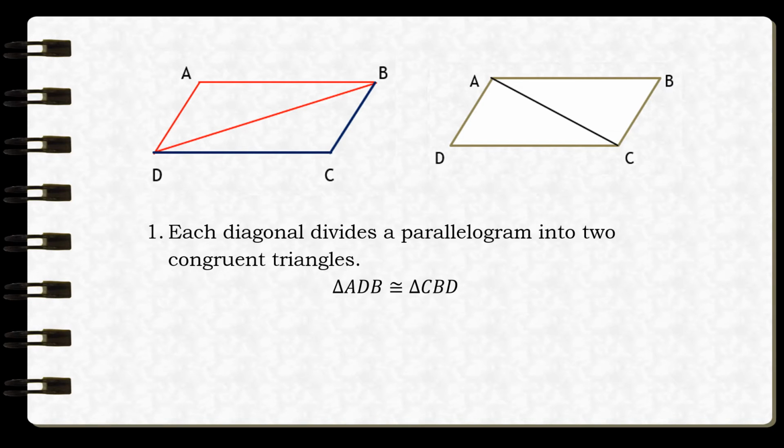As you can see in the figure, triangle ADB is congruent to triangle CBD, while in the second, triangle ADC is congruent to triangle CBA.